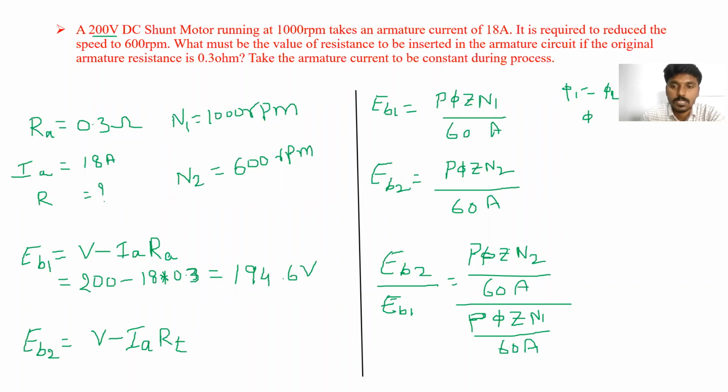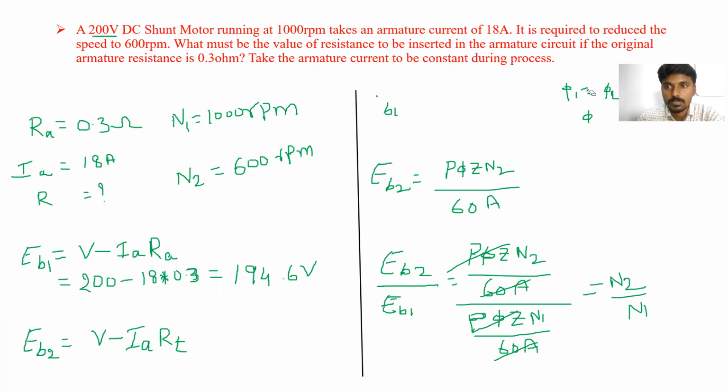EB2 upon EB1. So this term will be cancelled. 60A into 60A will be cancelled. The remaining term is N2 by N1. लिख सकते अपन EB2 upon EB1 is equal to N2 upon N1. लिख सकते हैं ना? हाँ.